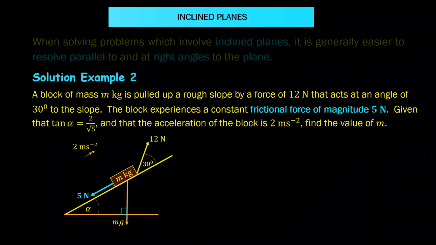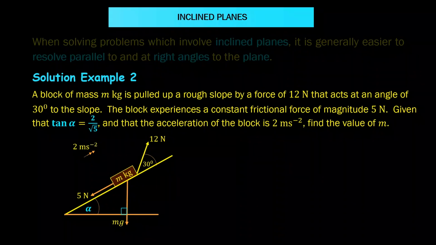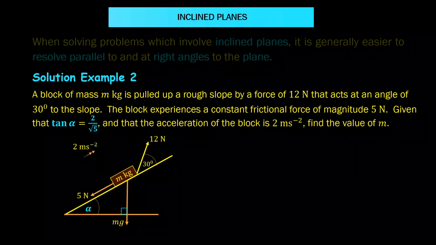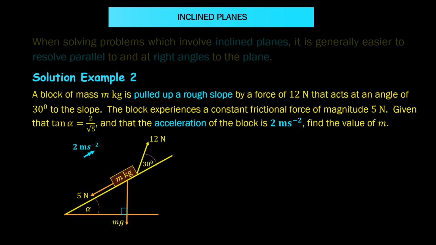We have a frictional force of magnitude 5 N. We also have that tan alpha equals 2 over root 5, where alpha is the angle at which the slope is inclined. Our acceleration up the slope is 2 meters per second squared. And we are required to find the value of m.